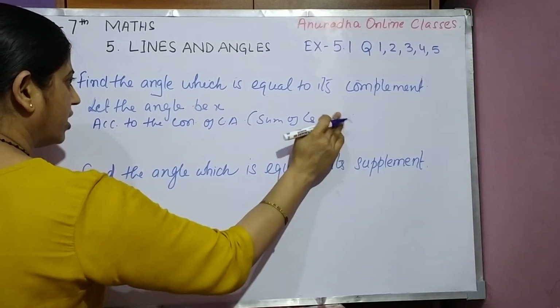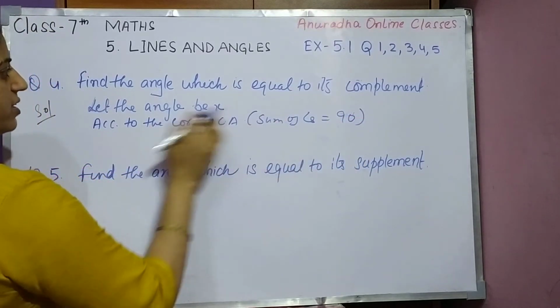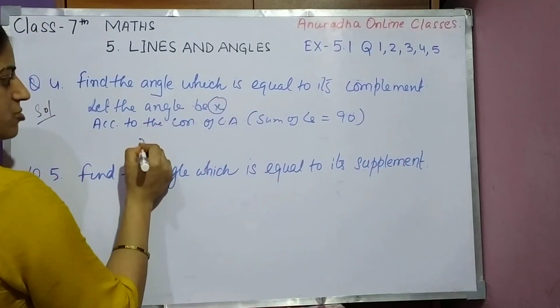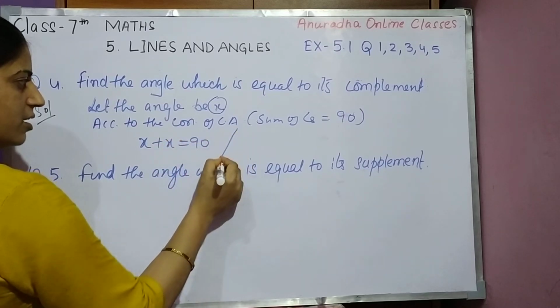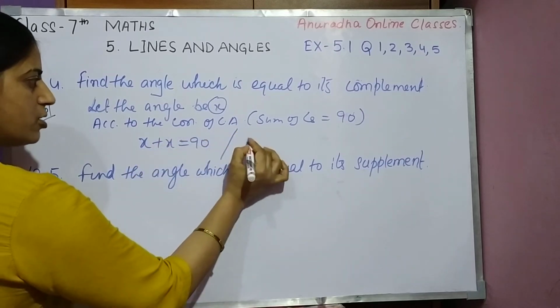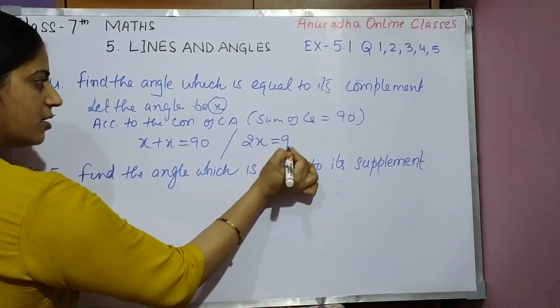Not 180 degree, it is 90 degree. Right, children? The angle we have taken is x. So x plus x is equal to 90 degree. x plus x is 2x. 2x equals 90 degree.